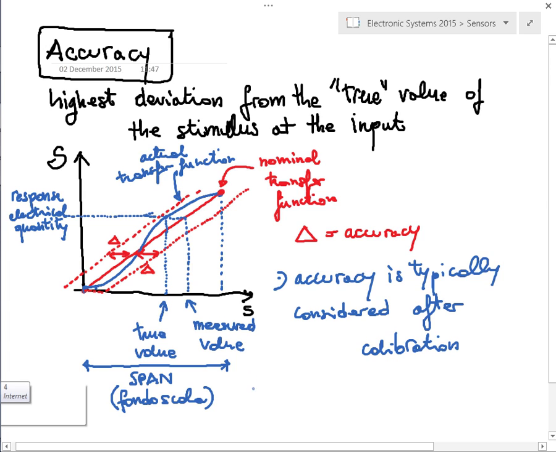Okay. Now, the accuracy is typically given in absolute terms, as in the example that I said before, 1 degree Celsius of accuracy, or it can be given as a percentage of the span.